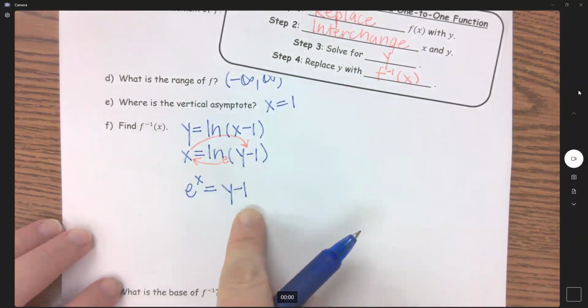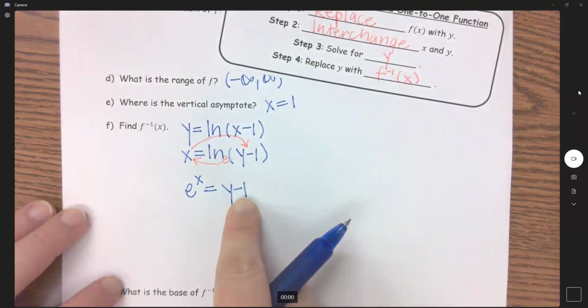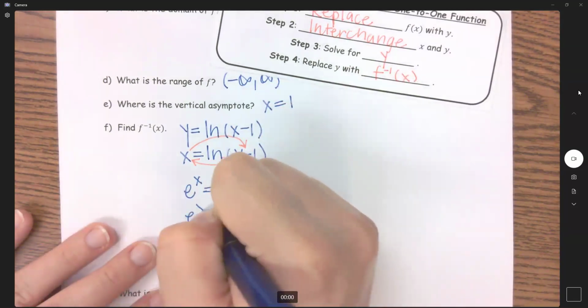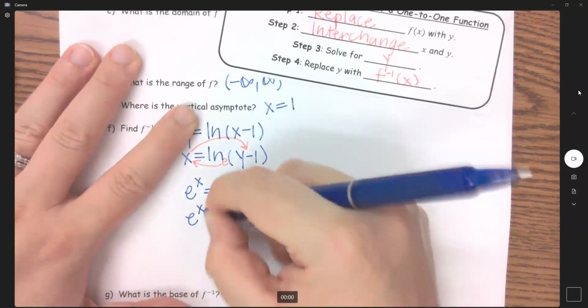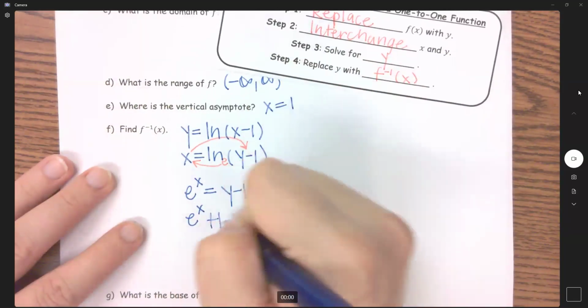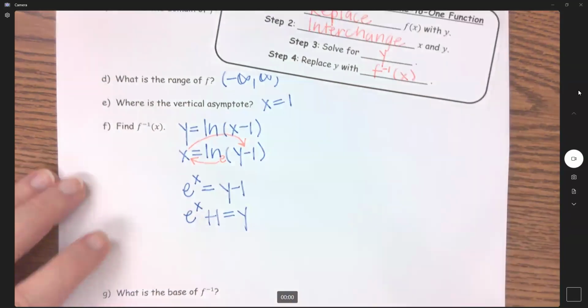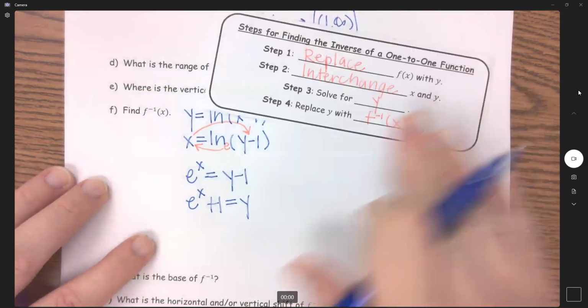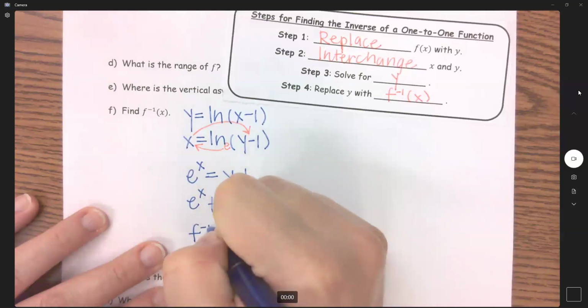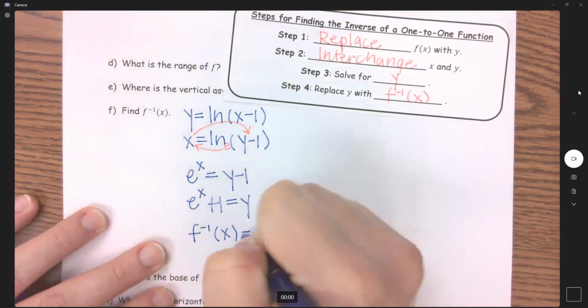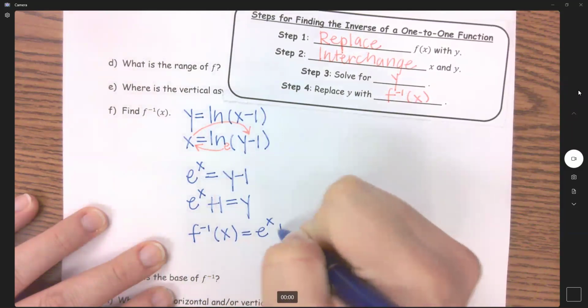Now I can solve this for y. Get your 1 over by adding. And so we'll have e to the x plus 1 equals y. And then my last step is to replace y with the inverse notation. So the inverse of x equals e to the x plus 1.